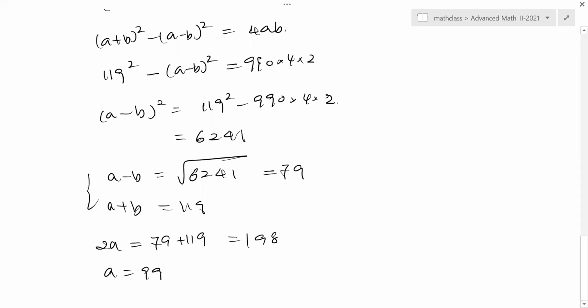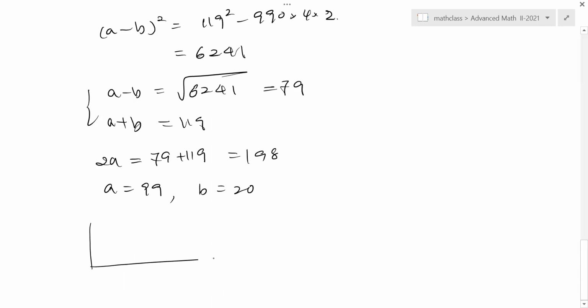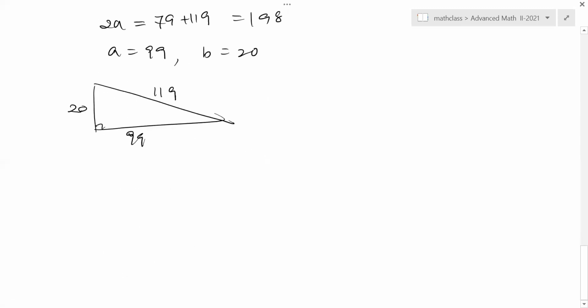Okay, great. Then B is going to be 119 minus 99, it's going to be 20. So it's a very special triangle here. You see, that's 20, 99, 119. And this is a very special right triangle. Okay, great.